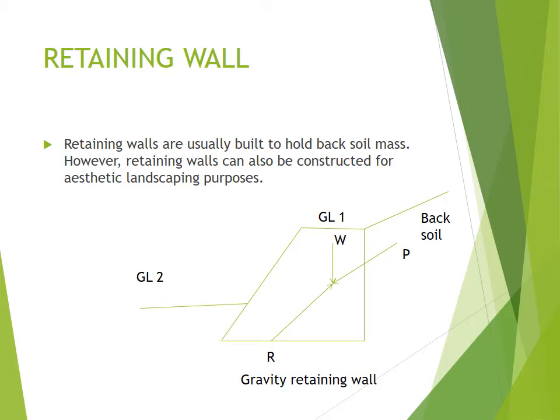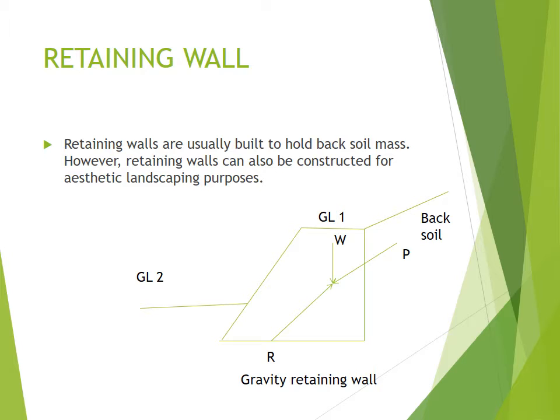So it is normally constructed at the bank of earth due to change in gradient. This reduces the gradient of the land and can retain some materials behind the wall. So we have the height of the retaining wall, where we have ground level 1 and also ground level 2 on the other side.